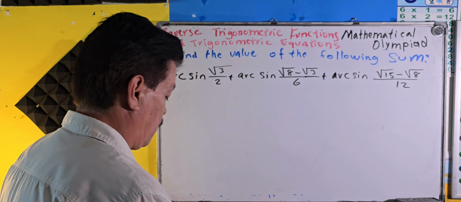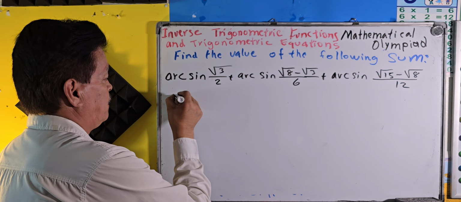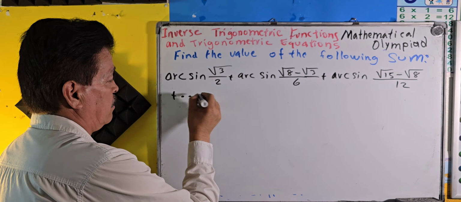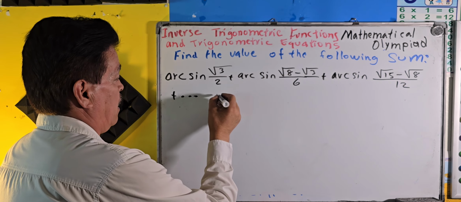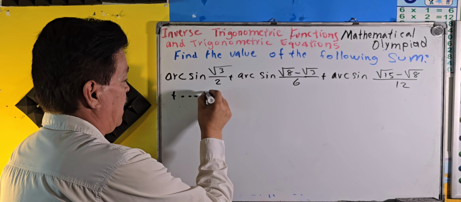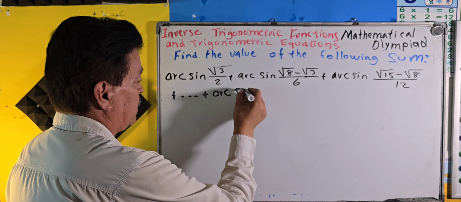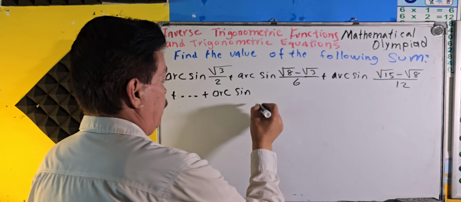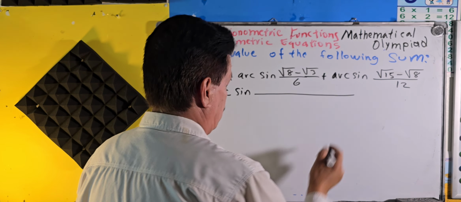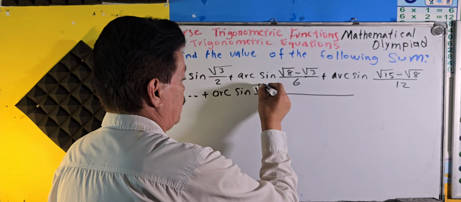Okay, that's our problem. Plus going on, plus arcsine of, this is going to be big, all right?